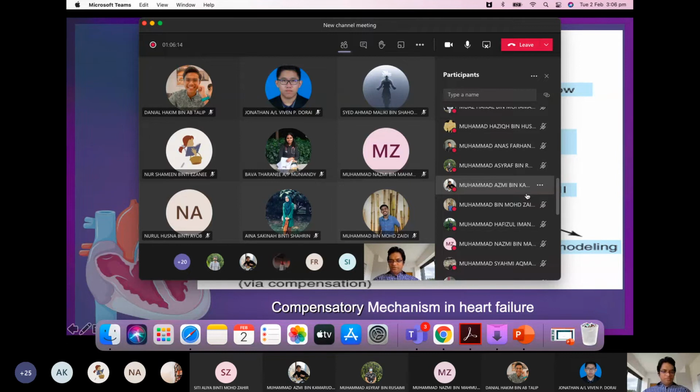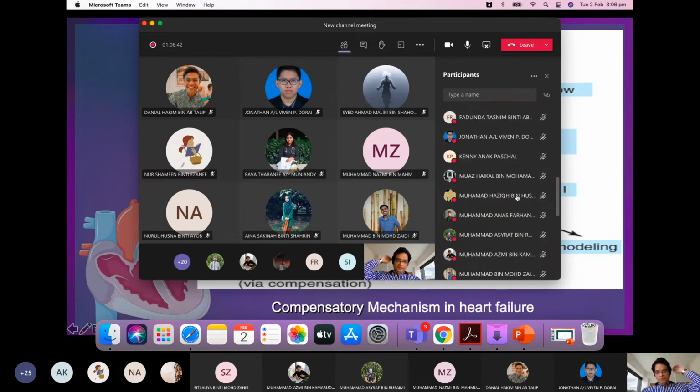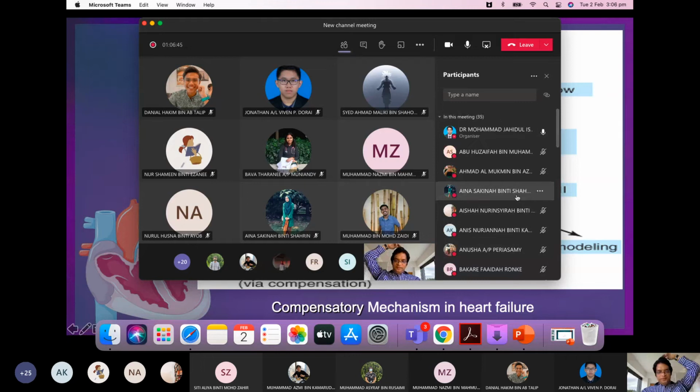Another group of drugs we have discussed decreases the cardiac workload. How to do that? Reduce afterload, reduce preload, decrease sympathetic activation. We achieve that by number one, ACE inhibitor, and number two, diuretics. If there is edema, then your first preference drug should be loop diuretics. Clear? Paham tak?